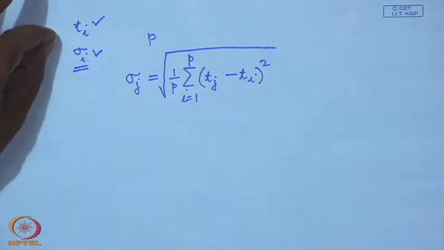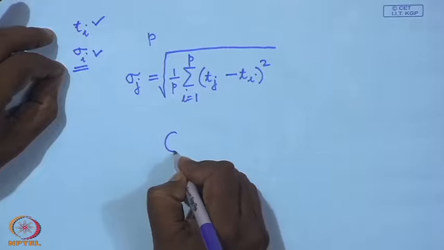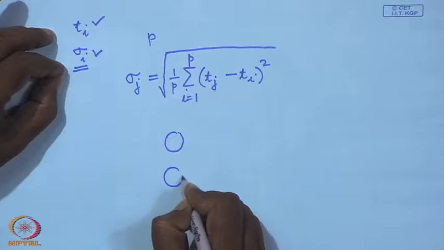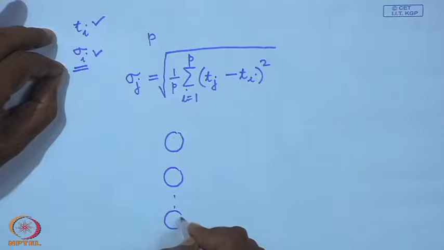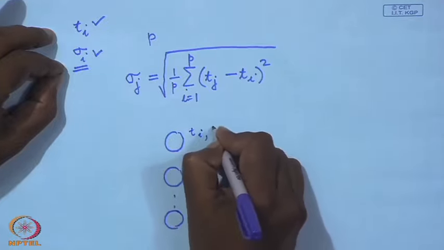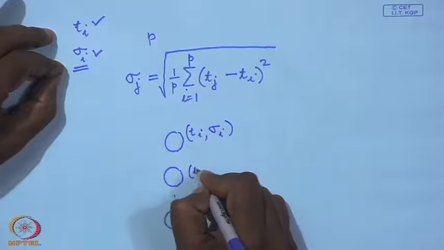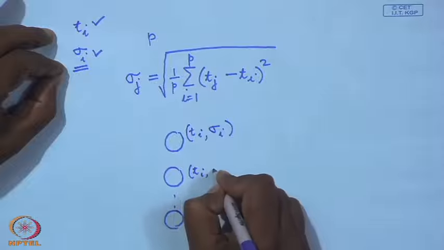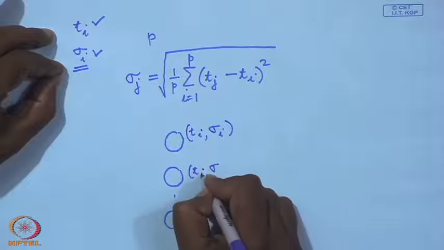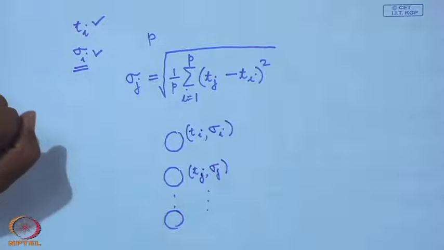So, once I have this Ti and sigma i, then you find that in the middle layer, every hidden layer node is defined. For every node I have Ti, for every node I also have sigma i. So, here also I have say Tj, here also I have sigma j. So, this is defined for every node.